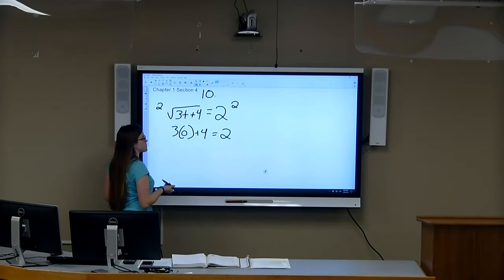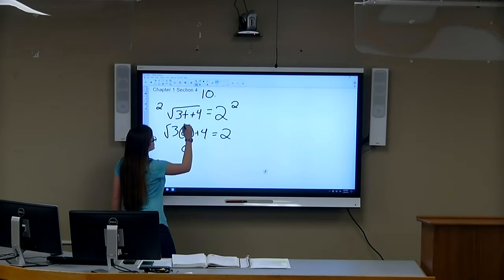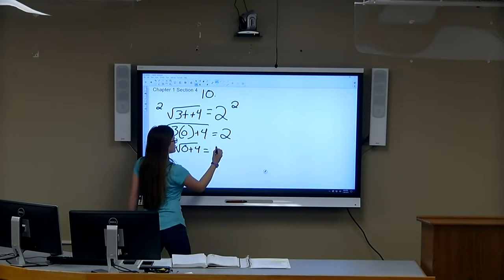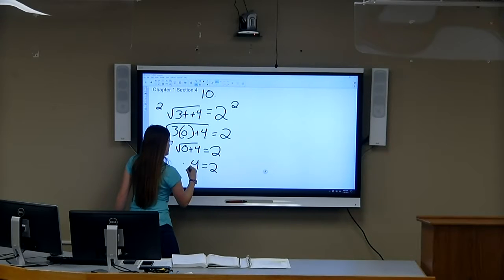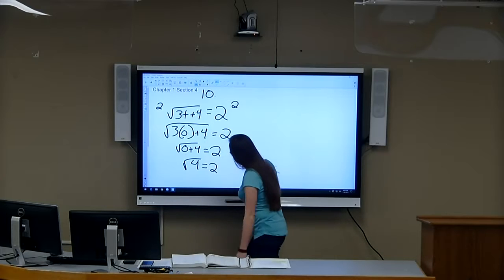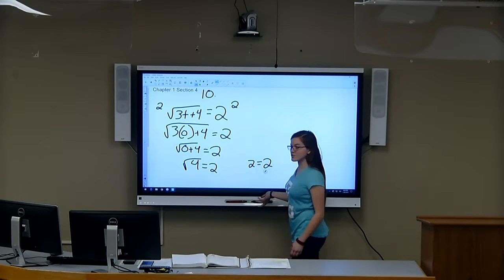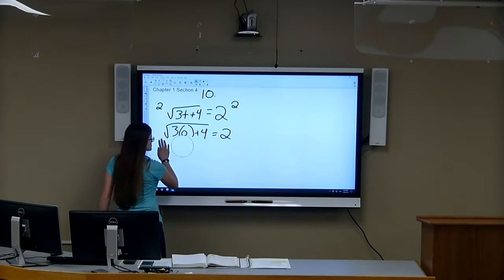So this will give you 0, plus 4 equals 2. 4 equals 2, and when you square root that, you'll get 2 equals 2. And that is how you know that your answer was correct. We'll move on to the next one now.